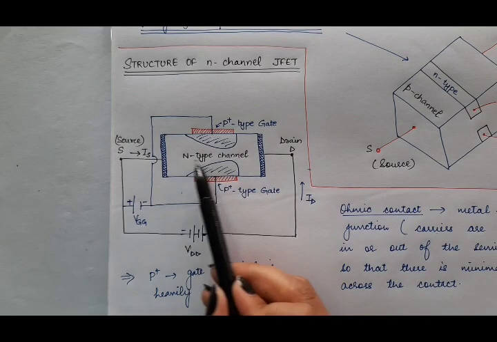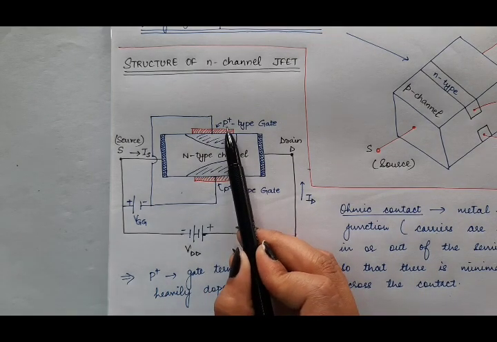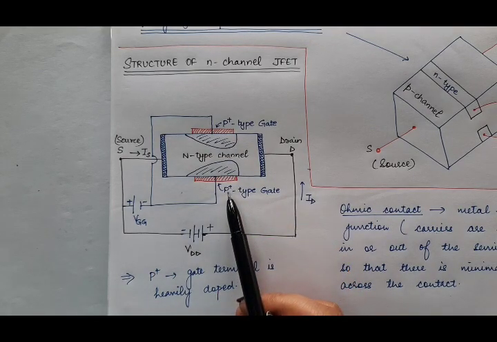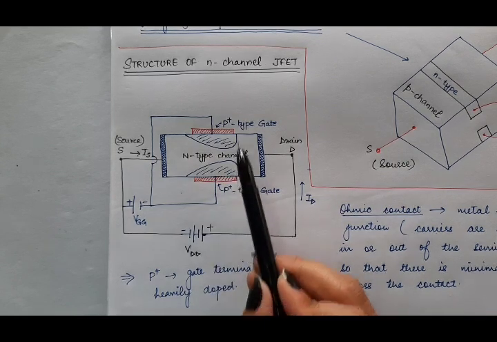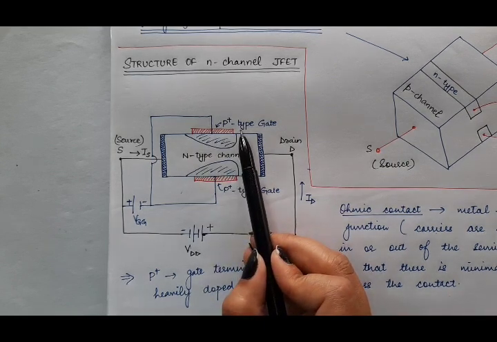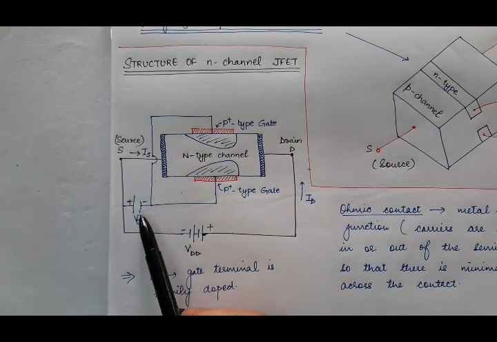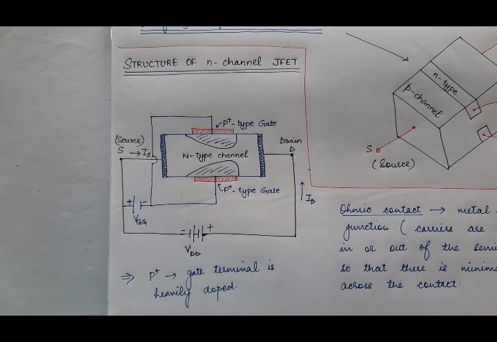In case of P-channel FET, our gate will be N-type, and to reverse bias this N-type gate, we need positive voltage. So it will be connected to the positive terminal of the biasing voltage. Only then will it be reverse biased.